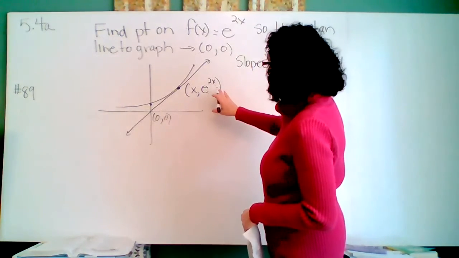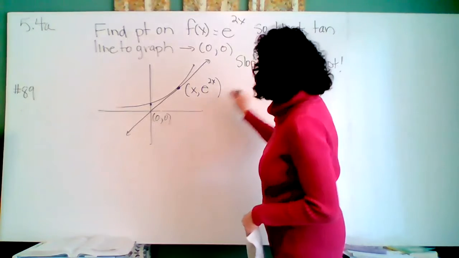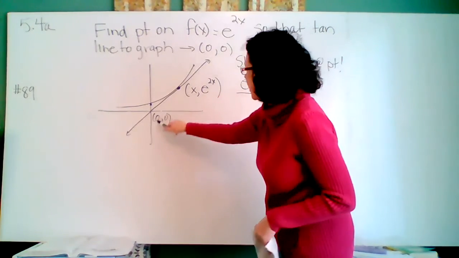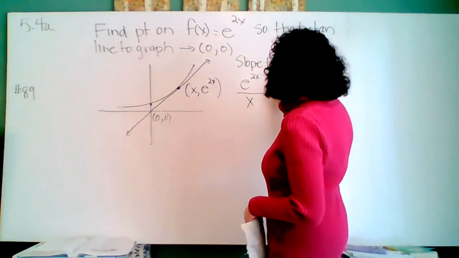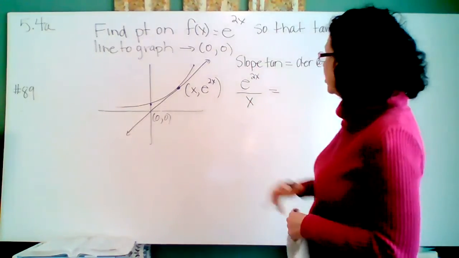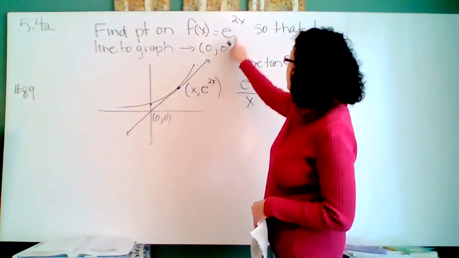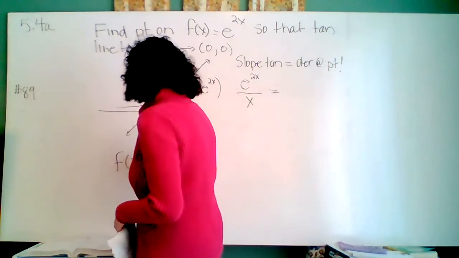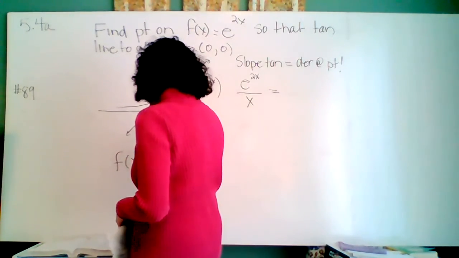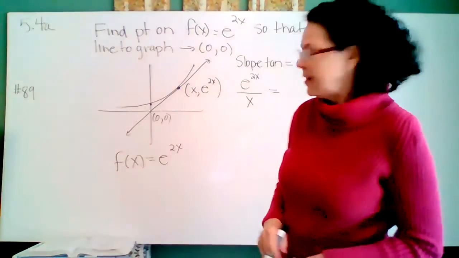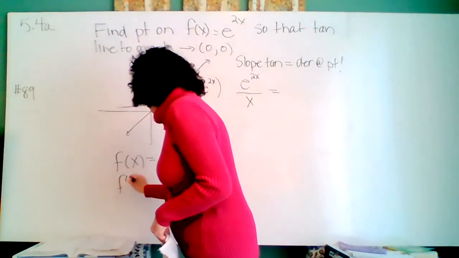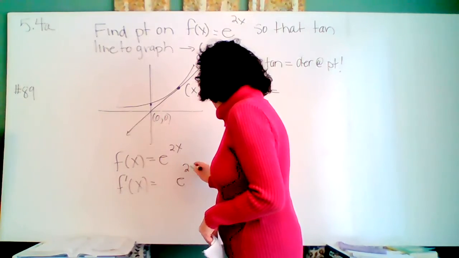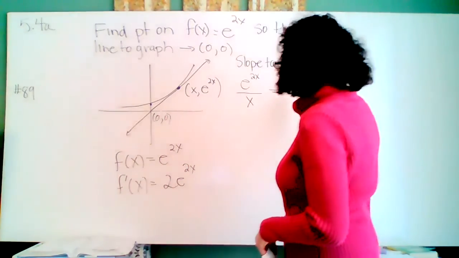That would be y2 minus y1 over x2 minus x1, and that has to equal the derivative at this point. So let's take the derivative of e to the 2x. Here's the function, and the derivative of it would be itself times 2. There we go.